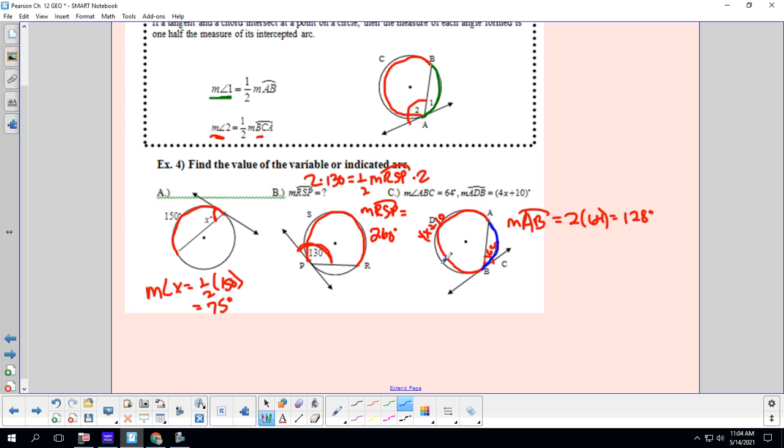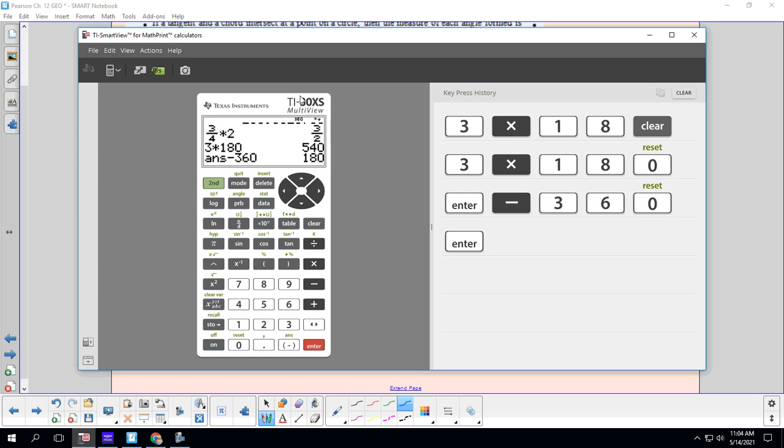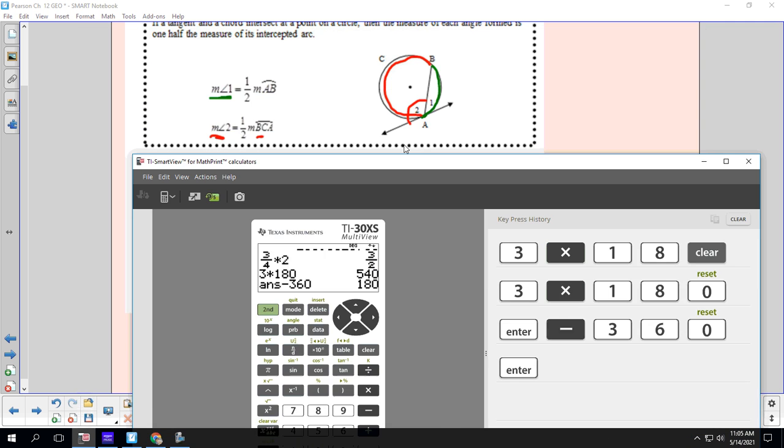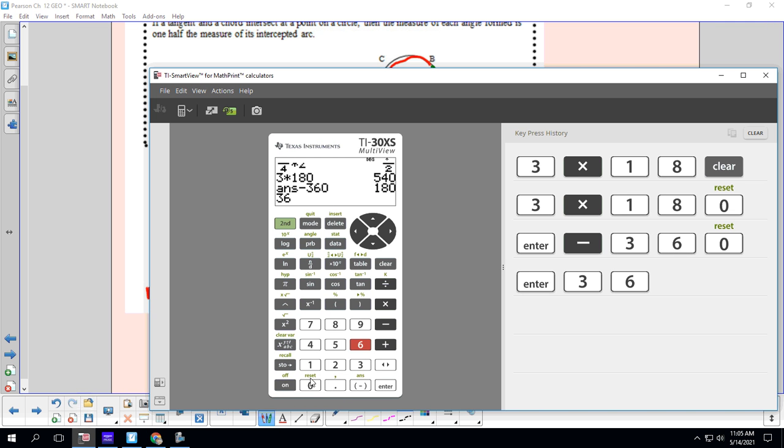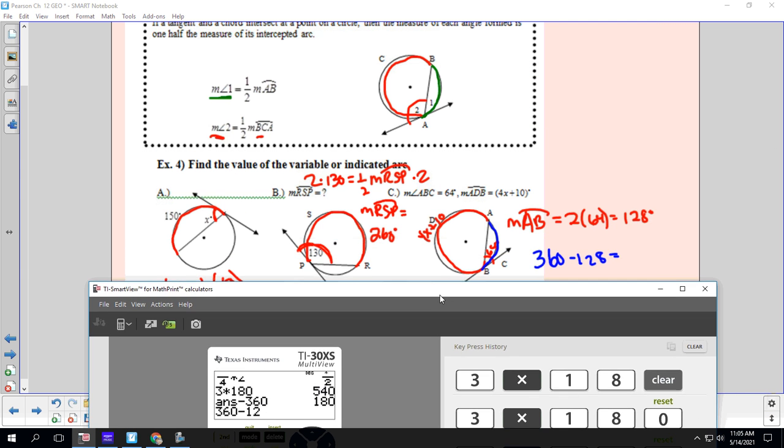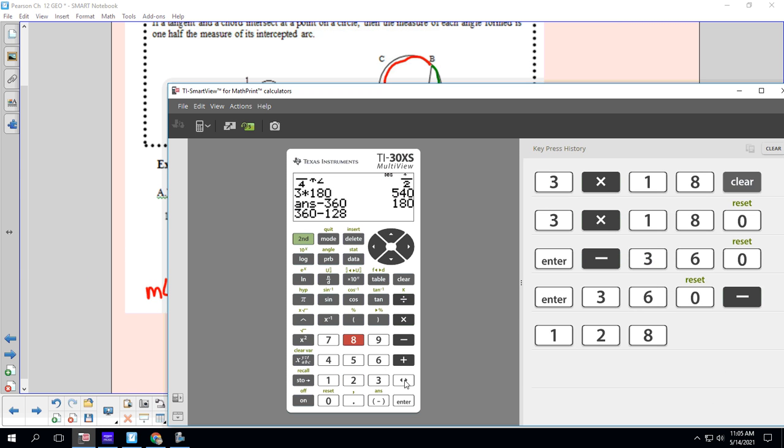What is left when I give that 128 degrees to arc AB is the arc that is intercepted by 4x plus 10. So when we take 360 minus 128, we get 232.